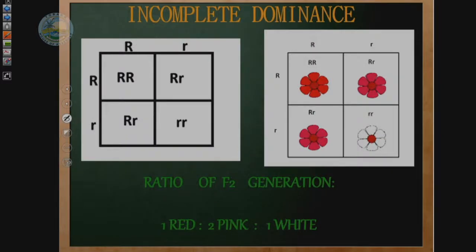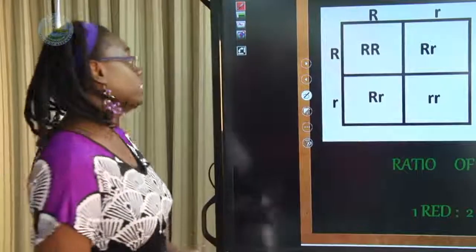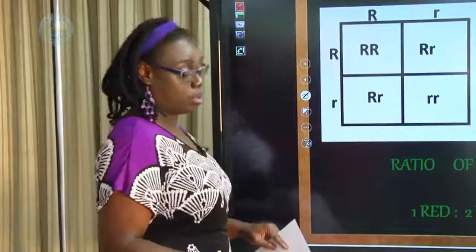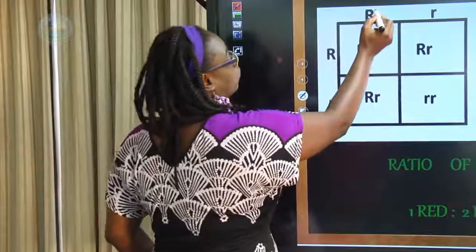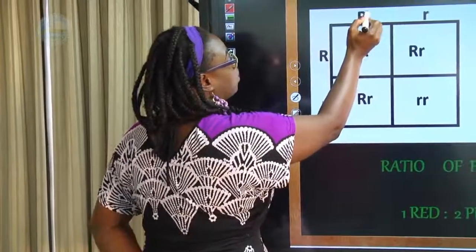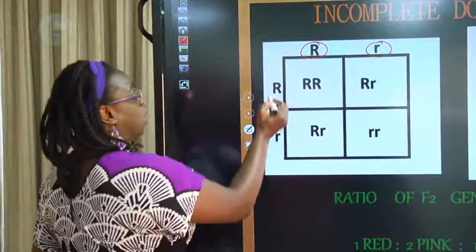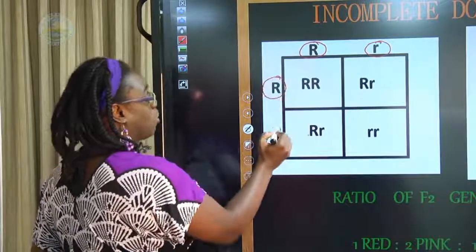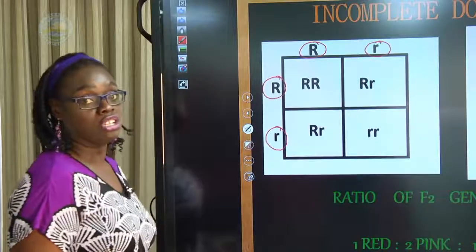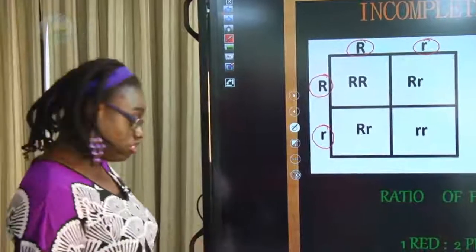So let's look at the Punnett square showing the cross between pink flowers and pink flowers. So once again, another Punnett square. We have the genotypes of capital R, common R for one parent and capital R, common R for the other parent. And we're looking at the result of the offspring here.